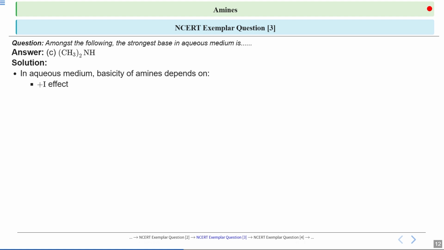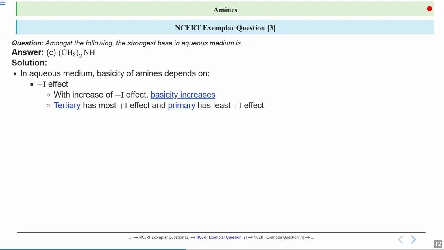Okay, that is the electron donation effect of the alkyl group, which increases the electron density on the nitrogen. So with increase of plus I effect, the basicity increases. So you will see in aqueous solution, stronger bases have more plus I effect.